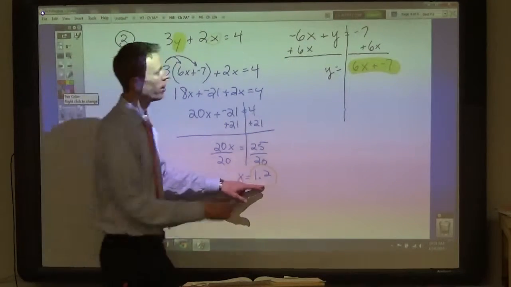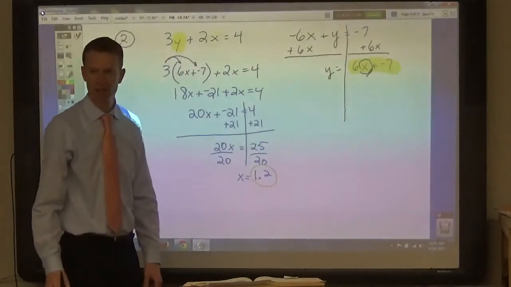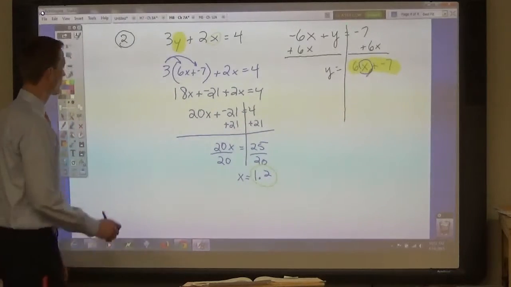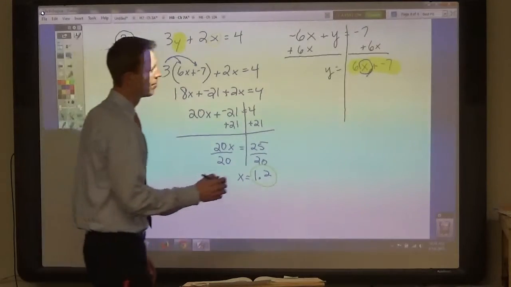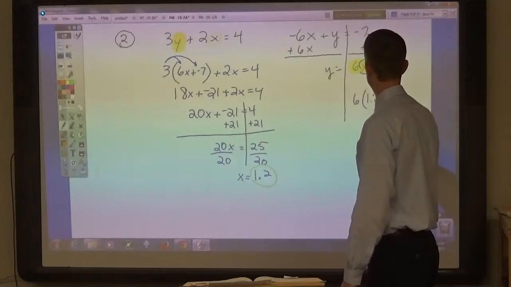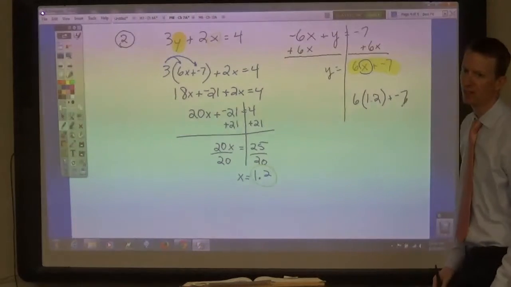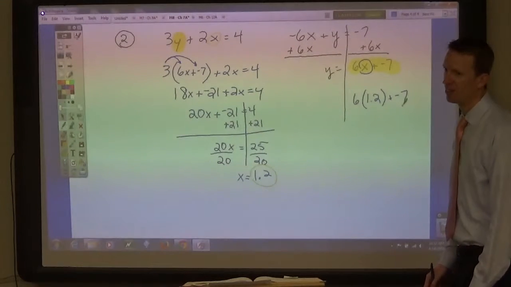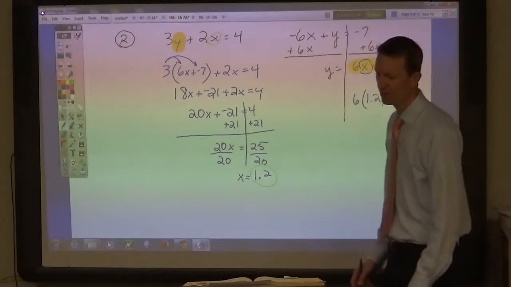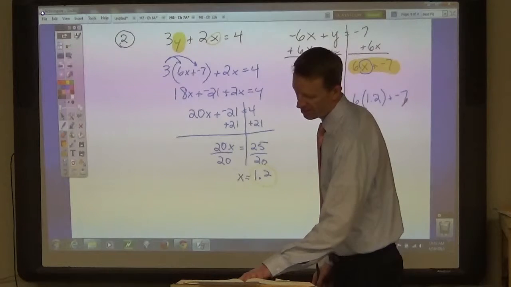Or we could put it in for this x and find y. Six times 1.2 plus negative 7, you can just put that into a calculator.